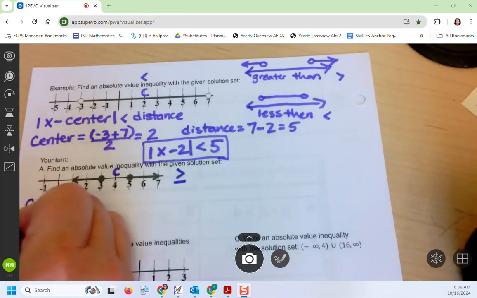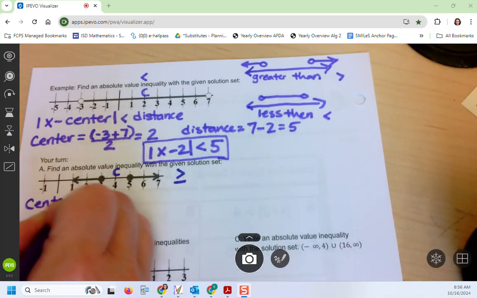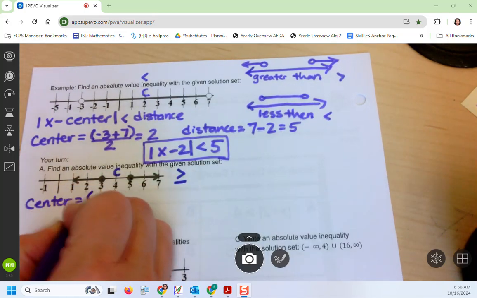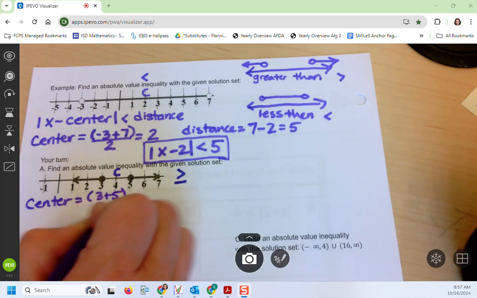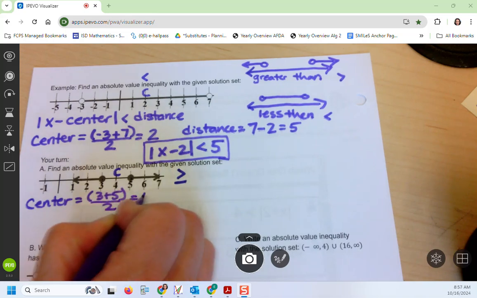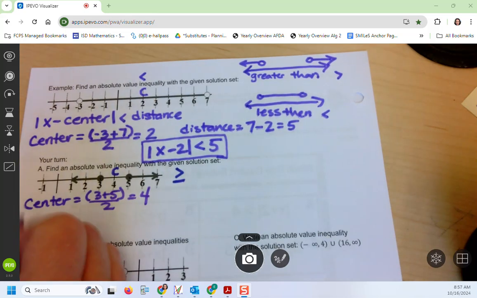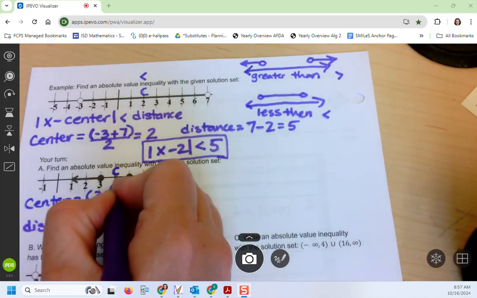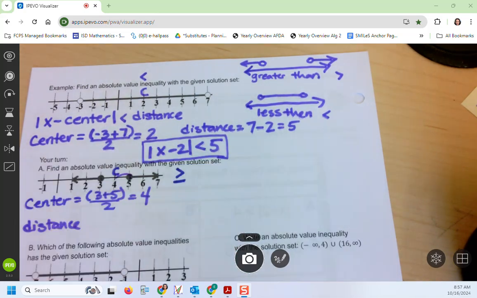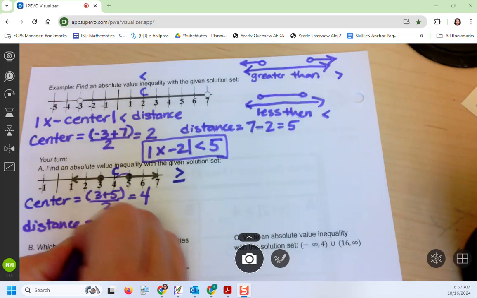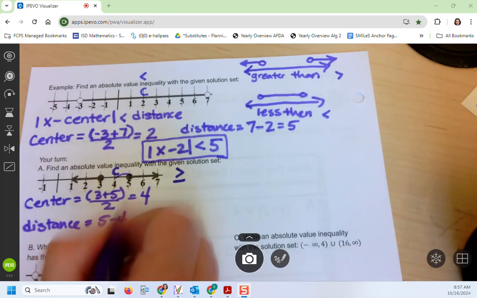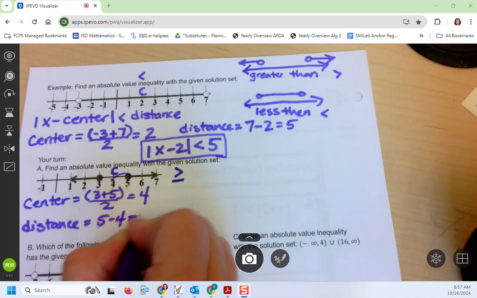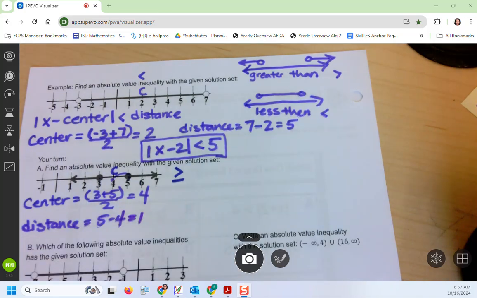But if you wanted to, you could add them together, 3 and 5, and divide by 2, and you would also get 4. The distance from the center, again, you can look at it and say, okay, it's just 1 away, so the distance is 1. Or you can subtract 5 minus 4 and get a distance of 1. So either of those is fine.